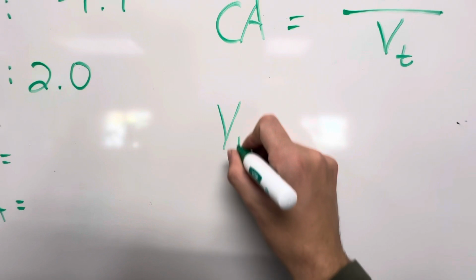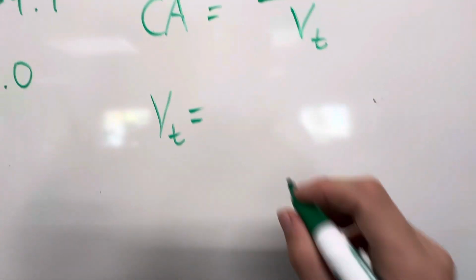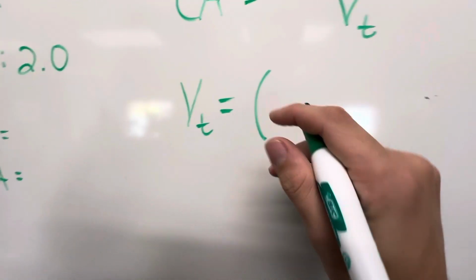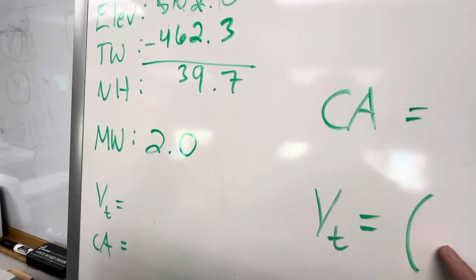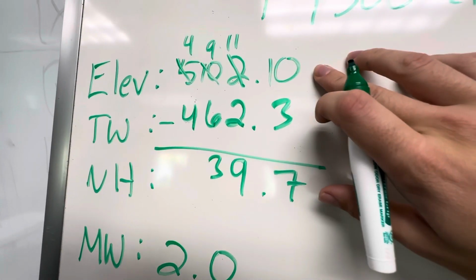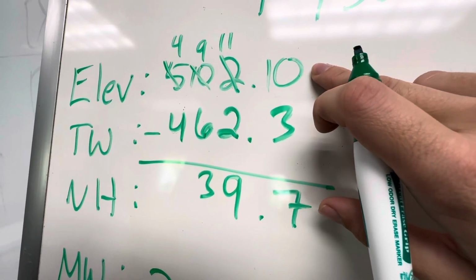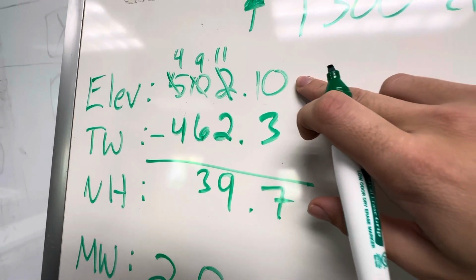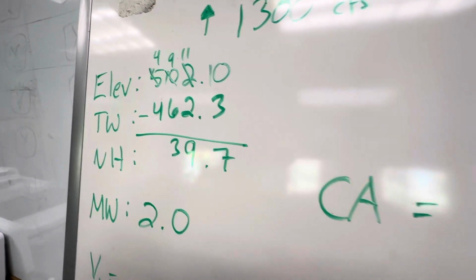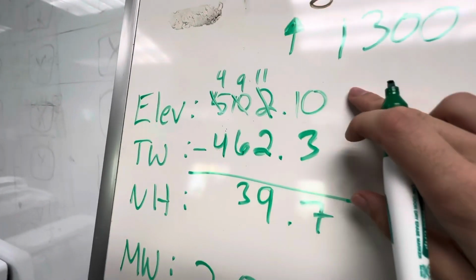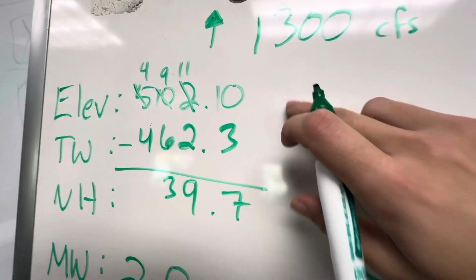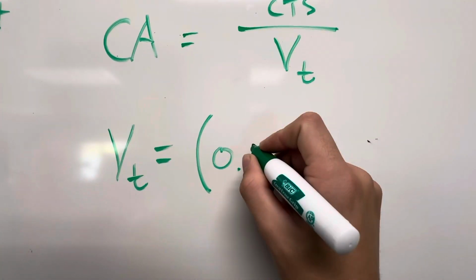So we're going to calculate VT with its own equation, which you will take the decimal. I don't know how this equation was made. Please don't ask me. You'll take the tenths place, or whatever's left over after the decimal, of the current elevation of the lake. So if it was 502.36, you would put 0.36 right here.